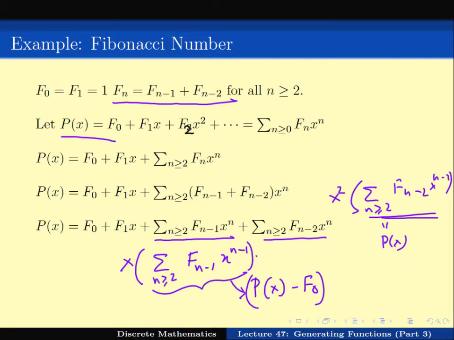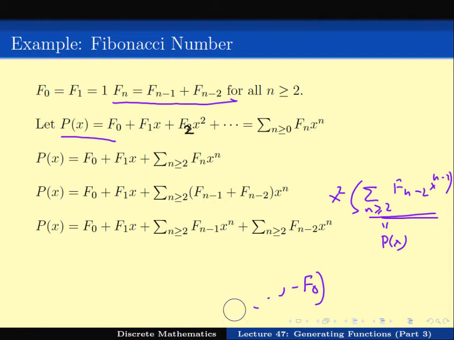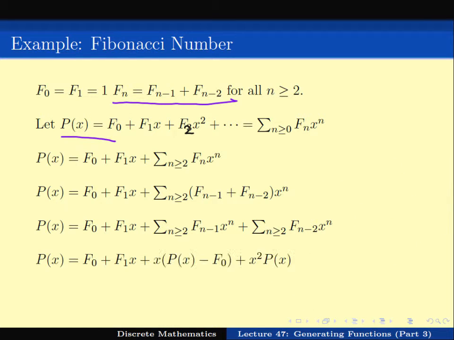So again, by the same argument that we did in the last two videos, we first wrote down the power series and then we used the recurrence relation to split up the later terms, which helps us to get a formula like this. This is x times P(x) minus x f0 plus x squared P(x).